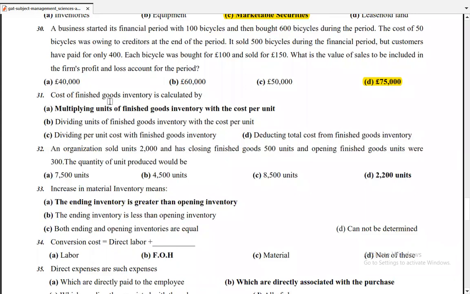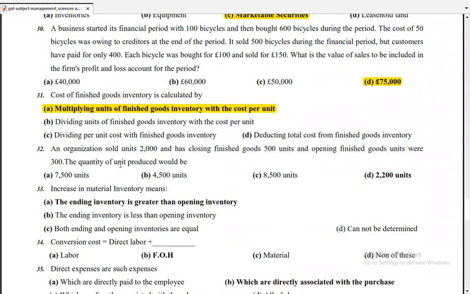Cost of finished goods inventory is calculated by multiplying units of finished goods inventory with the cost per unit. An organization sold 2000 units, has closing finished goods of 500 units, and the opening finished goods unit was 300.